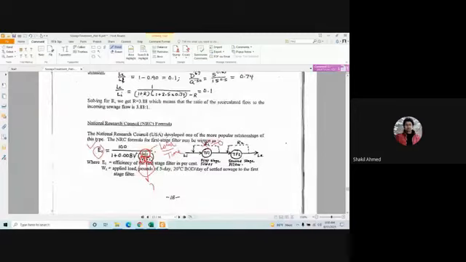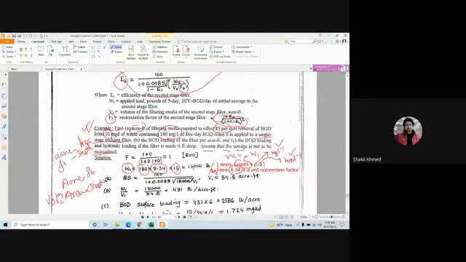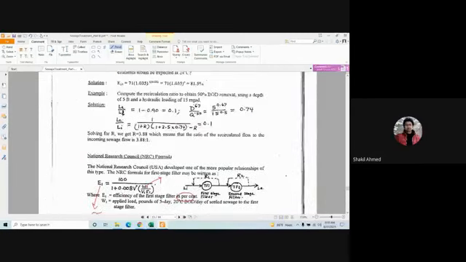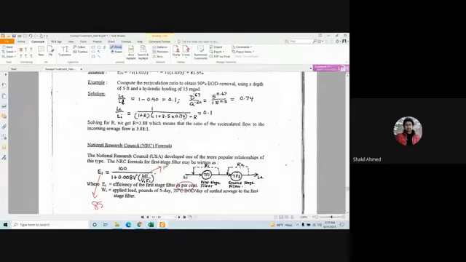Now, if you put in this formula the value of E1 as 85%, this has to be in percent, then W1 is what, guys? Pound per day. W1 is 15,000 pound per day.